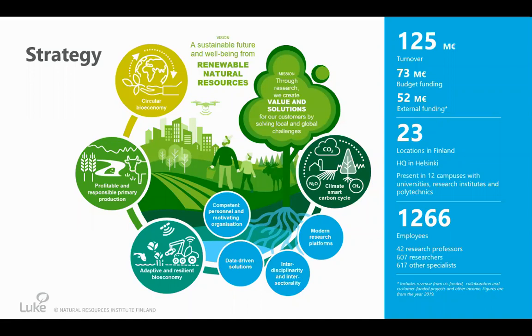So most of the future research projects will go under these 4 titles. So first of all, there is circular bioeconomy, then there is profitable and responsible primary production, adaptive and resilient bioeconomy, and climate smart carbon cycle. So a lot of very current and hot topics in the society can also be seen in our research at the moment.